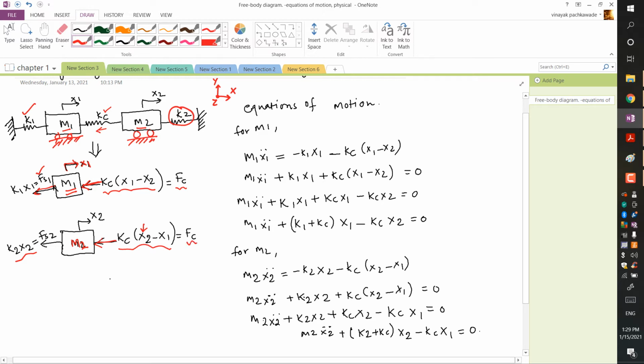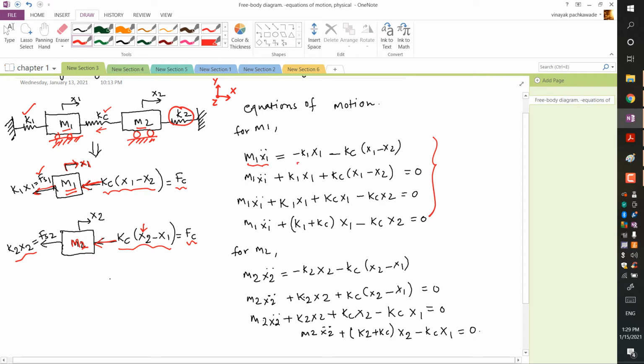Okay, so how do we derive the equations of motion over here? First we write the equation of motion for the object m1. The inertia force acting on the body, m1 x1 double dot, equates to two forces which oppose the movement of object m1.